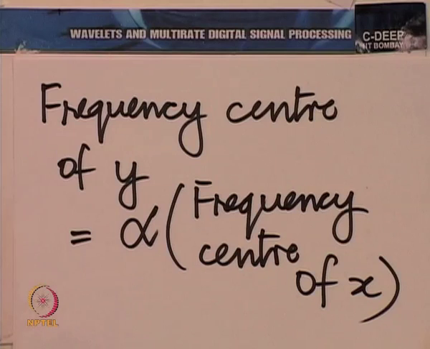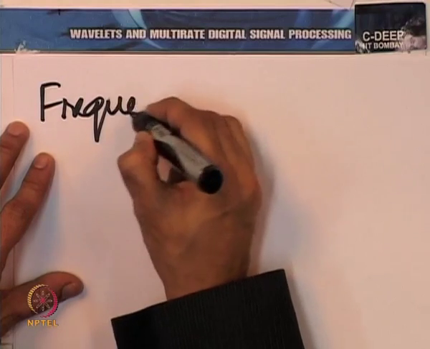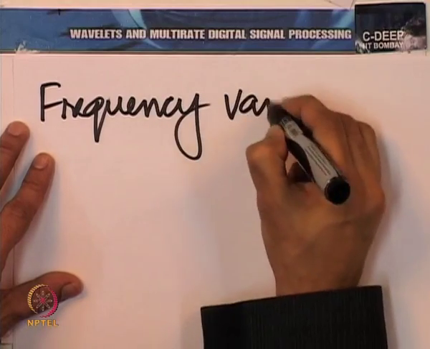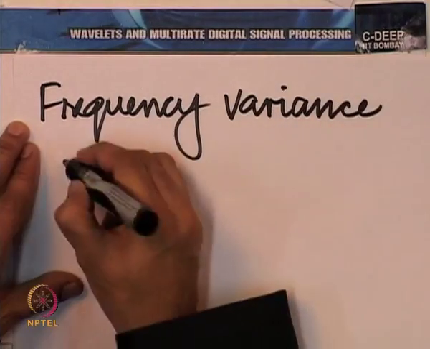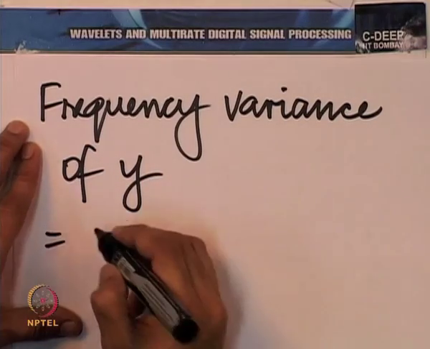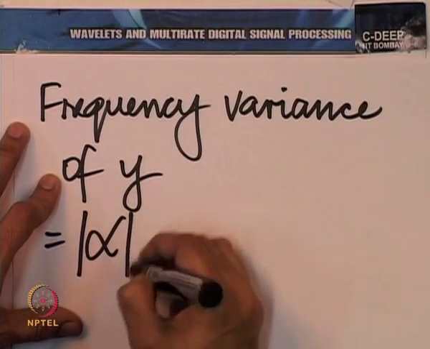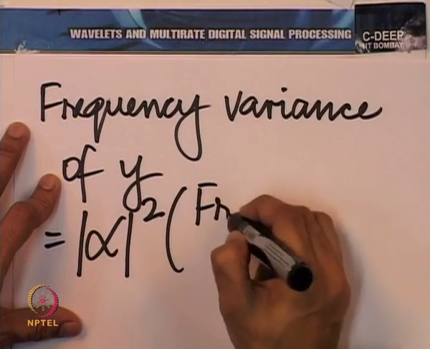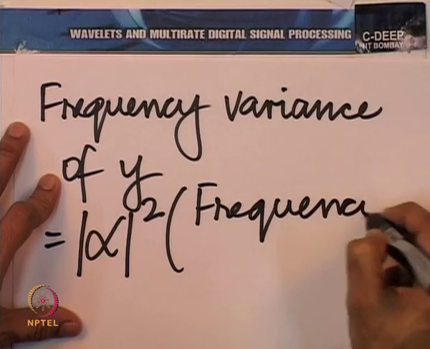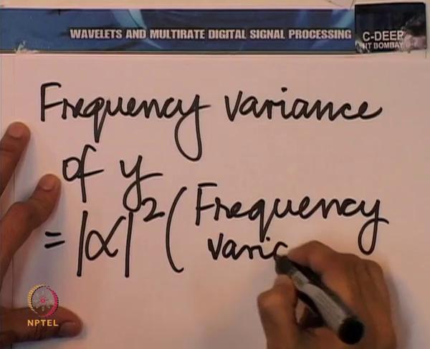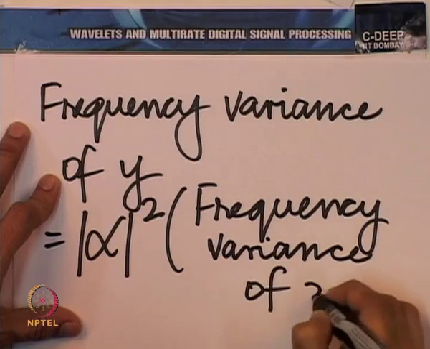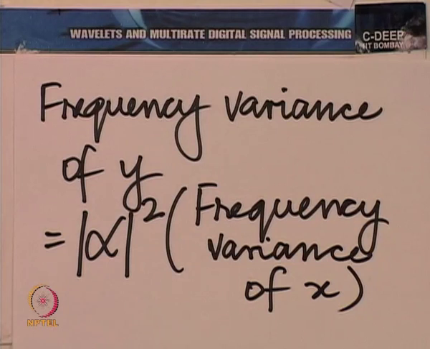And as far as the frequency variance goes, the frequency variance of y is mod alpha squared times the frequency variance of x. I leave it to you as an exercise to prove these. It is easy to do by making the same kind of substitution of variable.